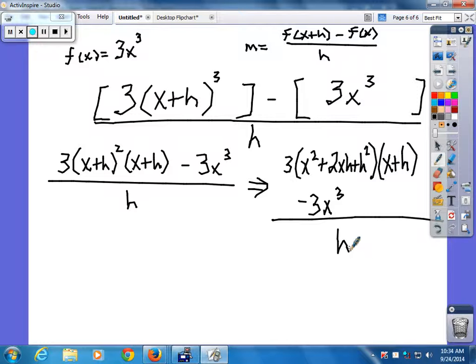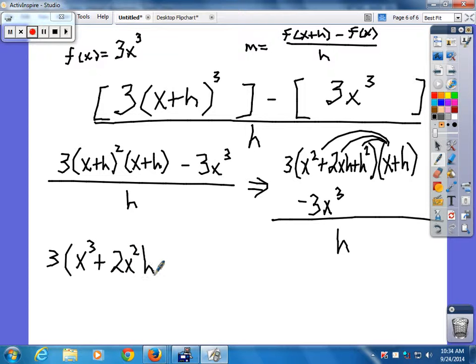Now we got to distribute this x and then distribute this h. So we're going to get 3 x squared times x is what? X cubed plus 2xh times x. 2x squared h.